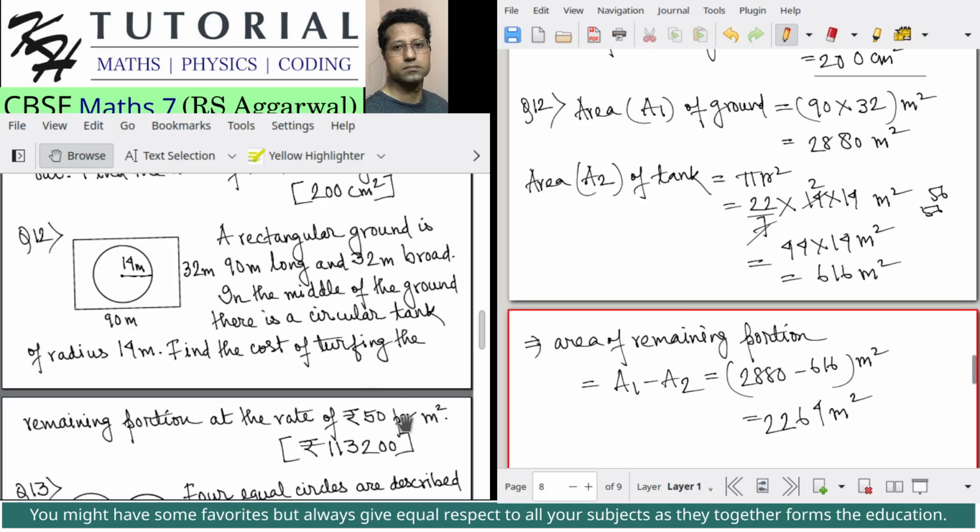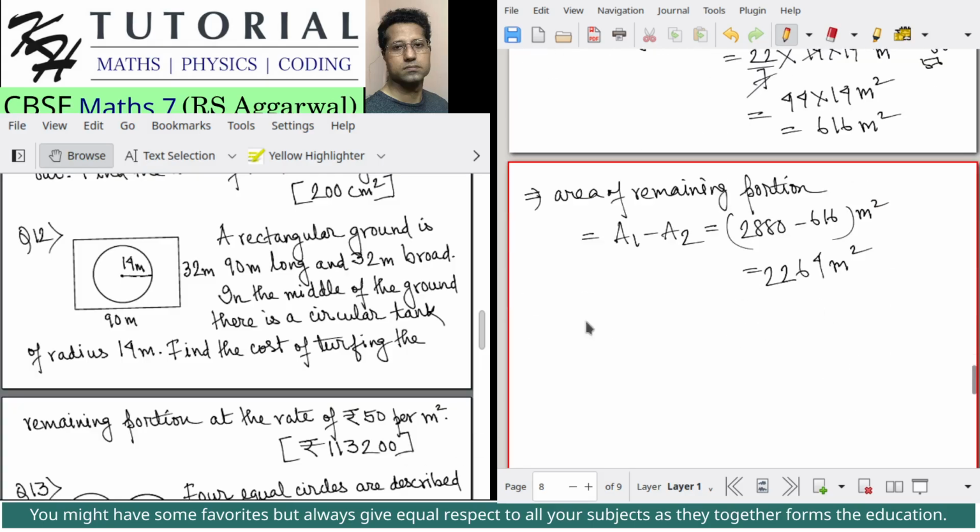And the question is asking to find the cost of turfing the remaining portion at the rate of rupees 50 per meter square. So we have to turf a total area of 2264 meter square, where the rate is rupees 50 per meter square.